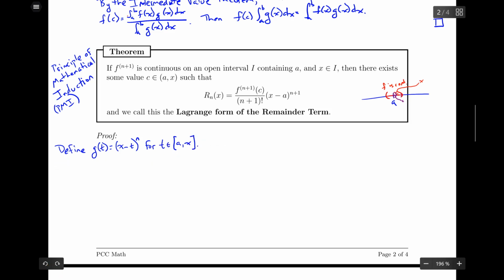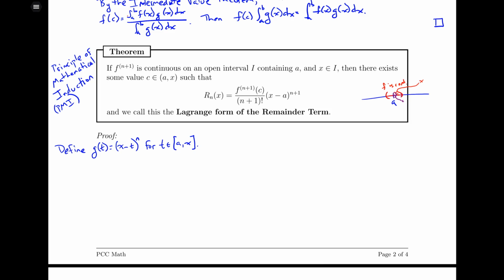Now notice that this function g of t, the variable is t, it has only one zero. The zero of this function is x. Because t doesn't go beyond x, it's just to the left of x and actually equal to x at some point, this means that this function can't change sign. It is either always positive or always negative depending on what n is.